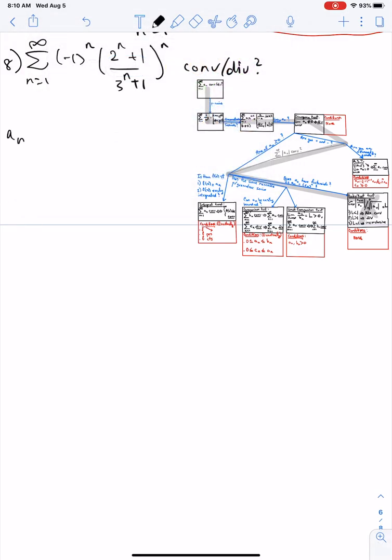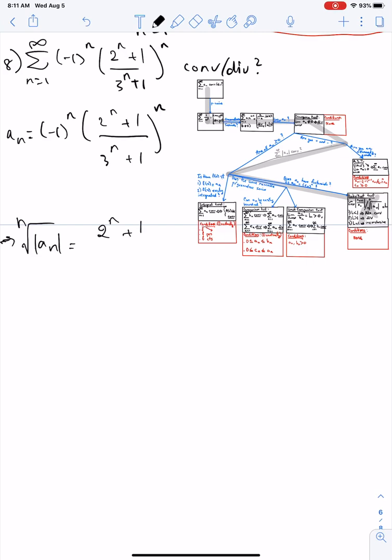So my a sub n term is (minus 1) to the n, times (2 to the n plus 1) over (3 to the n plus 1) to the n. So the root test: nth root of absolute value of a sub n. If I take the absolute value, take the nth root, we simply have (2 to the n plus 1) over (3 to the n plus 1).